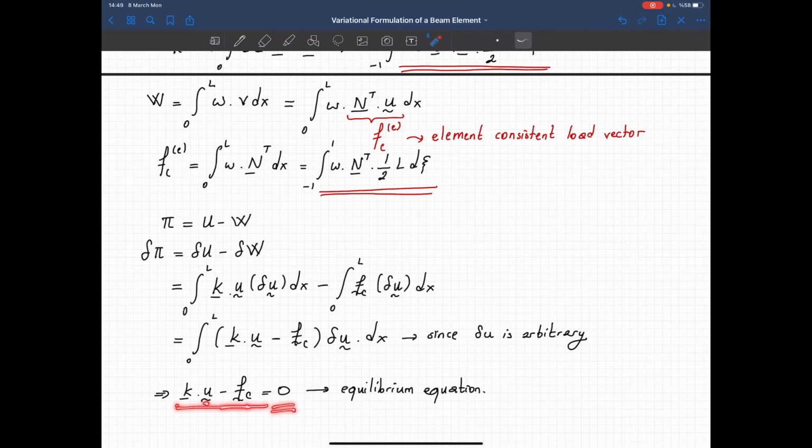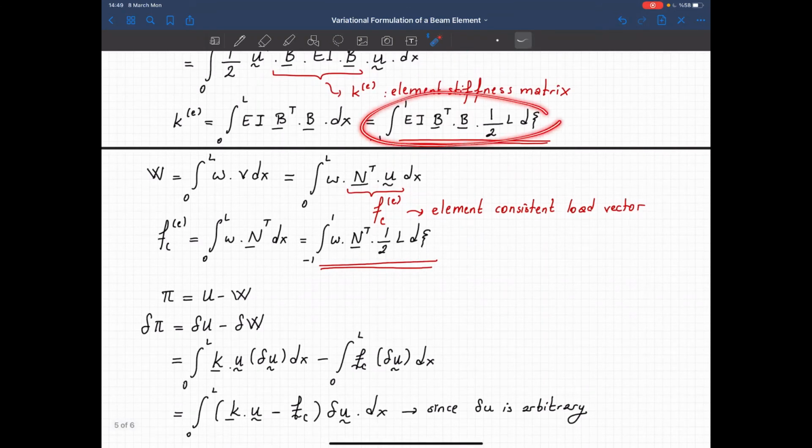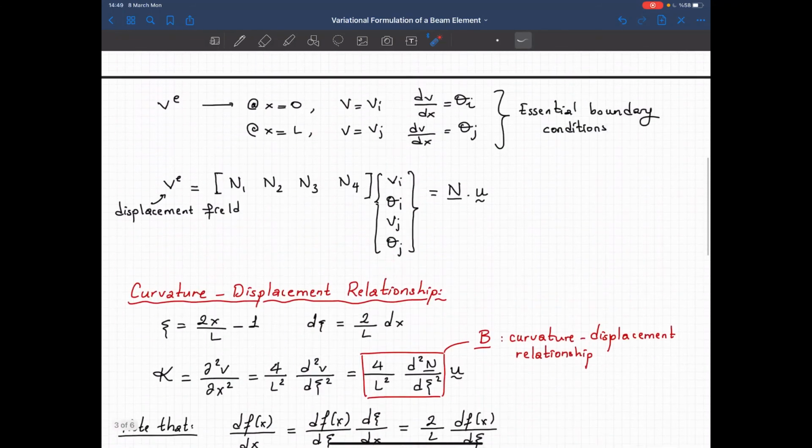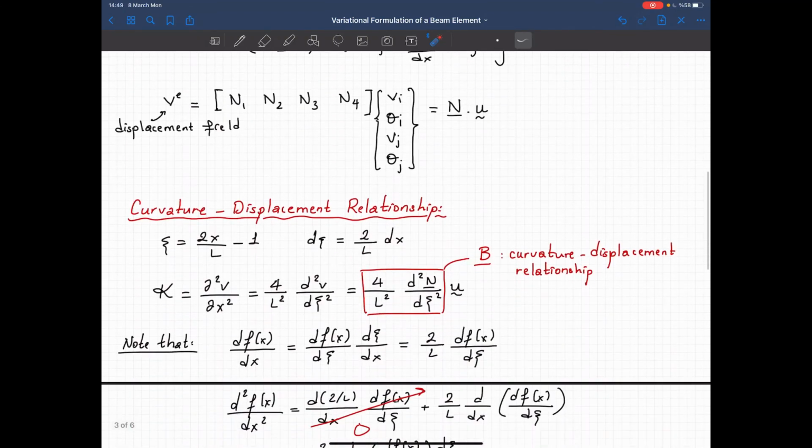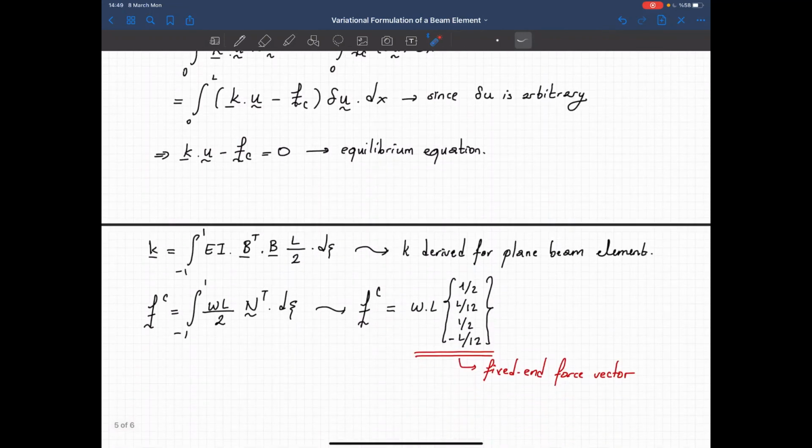That's the equilibrium condition, and this shows me that that part of the equation will give me the stiffness matrix, and that part of the equation will give me the element consistent load vector. Now, of course, since we use the exact deformed shapes of the elements to derive this formulation, when you evaluate this integral symbolically, you will directly get the same stiffness matrix that you did in the stiffness method.